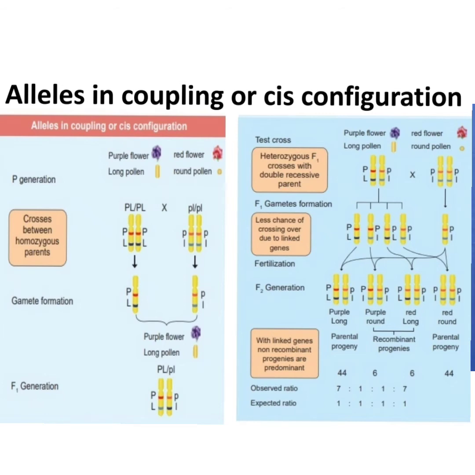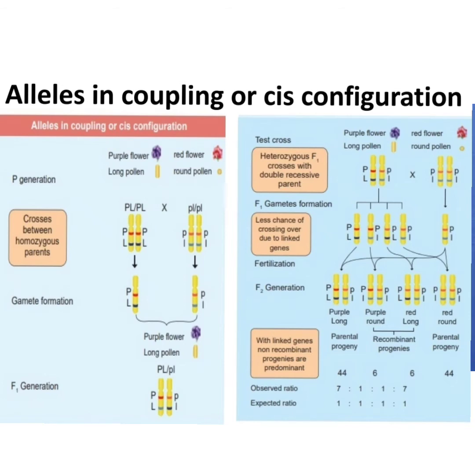In red long, small p and capital L in one homologous chromosome and small p and small l in another. In red round, small p, small l in both homologous chromosomes. So with linked genes, non-recombinant progenies are predominant. The parental progeny is purple long and red round, and the recombinant progeny is purple round and red long.